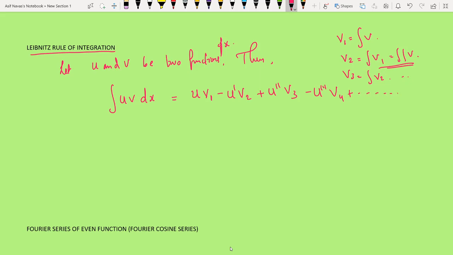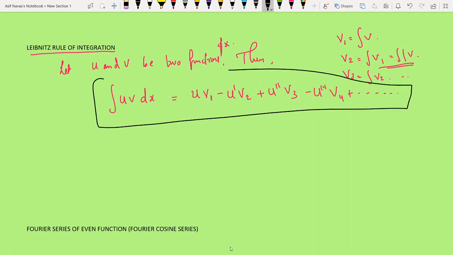This rule is called the Leibniz rule or product rule of integration. So integral u v is u into v1 minus u dash v2, and so on.